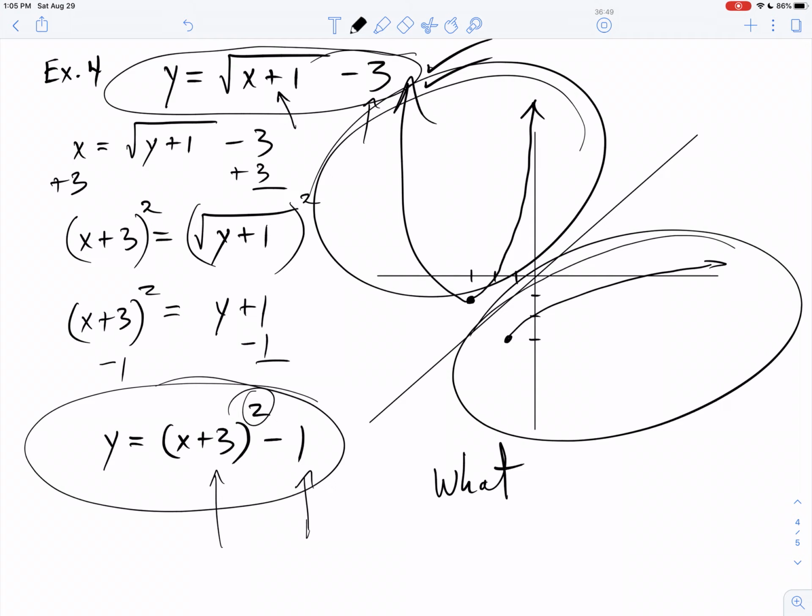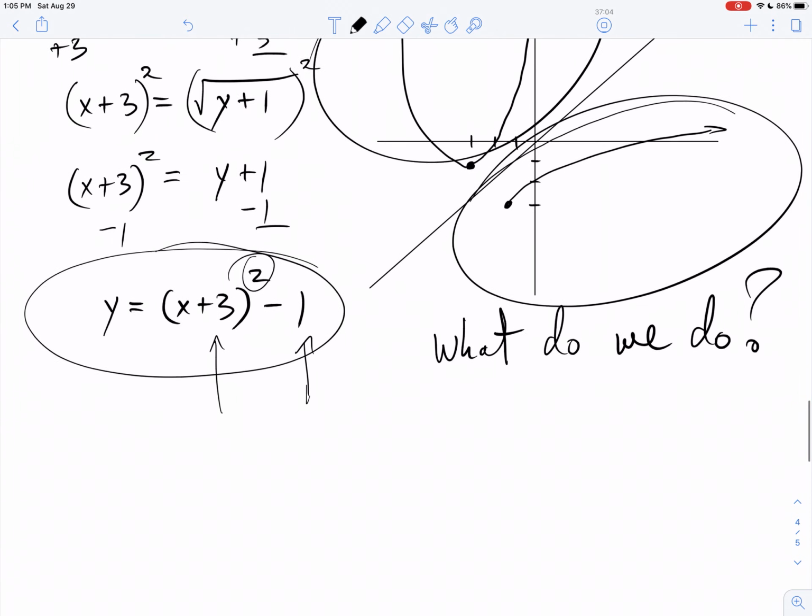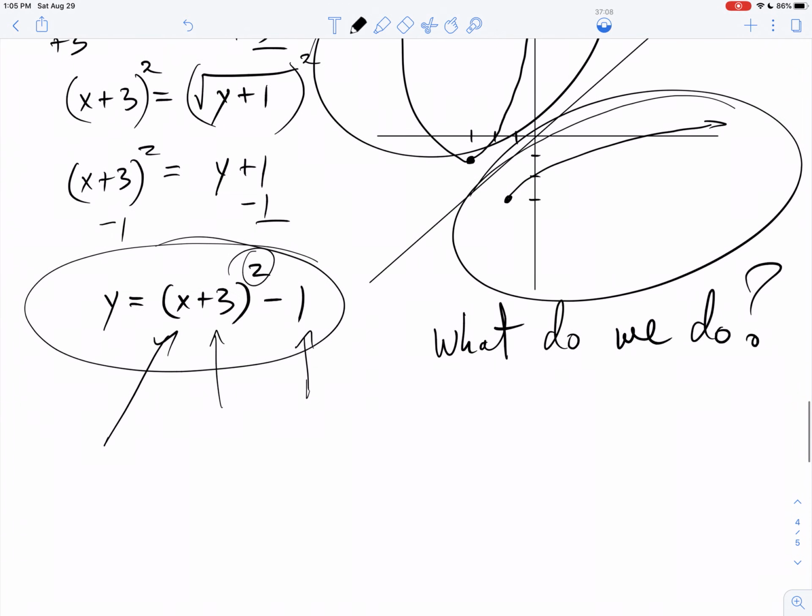What do we do? What do we do? Well, here's one thing, and then I'm going to stop. Here's one thing we could do. Let's call this guy right here, just for kicks, f of x, because function notation, I could do that.